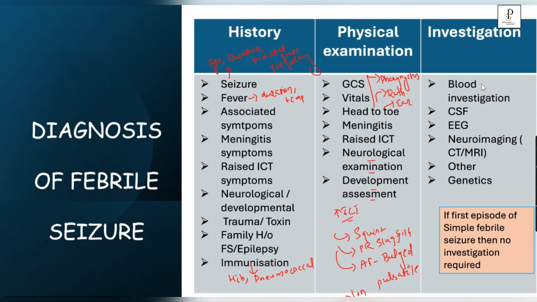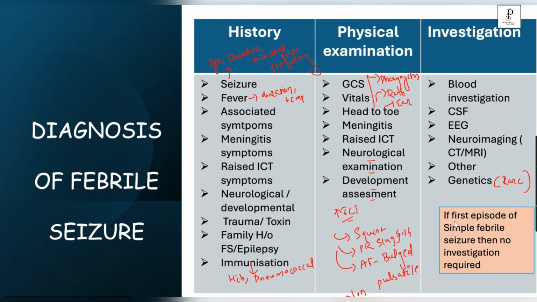Next comes investigation: blood investigation, CSF analysis, EEG or electroencephalogram, neuroimaging like CT or MRI, and other investigations, and genetics. Genetics is very rare; we'll do genetic testing rarely.